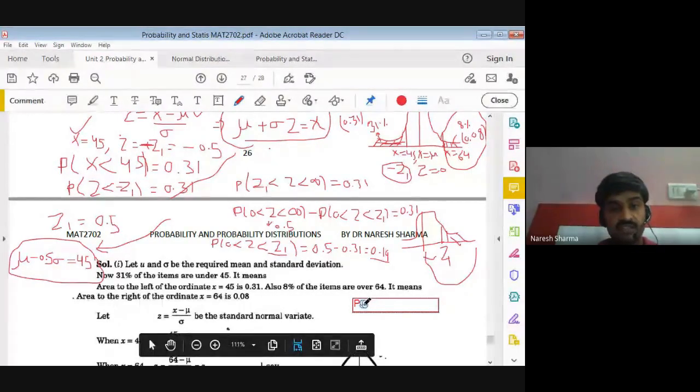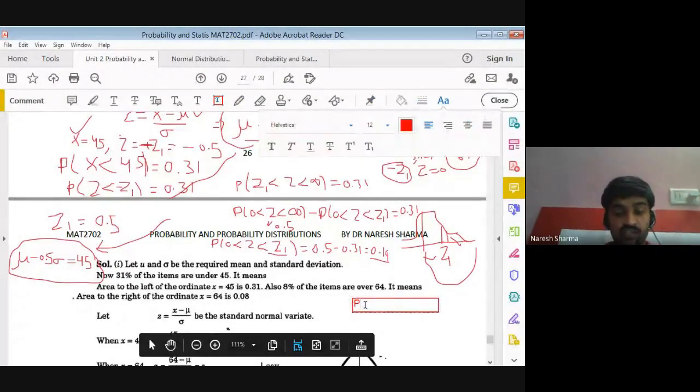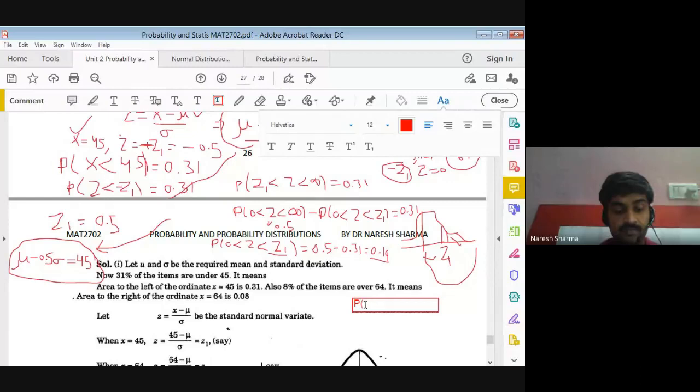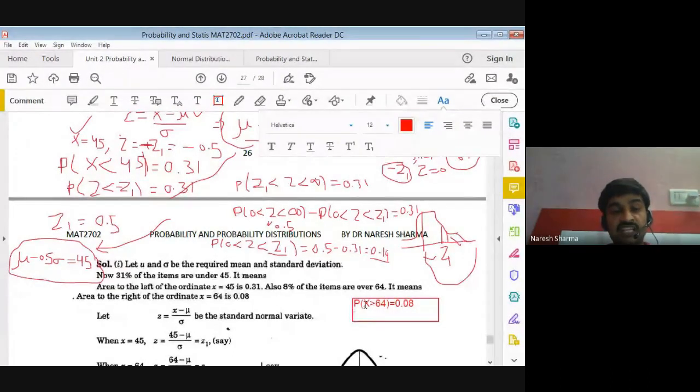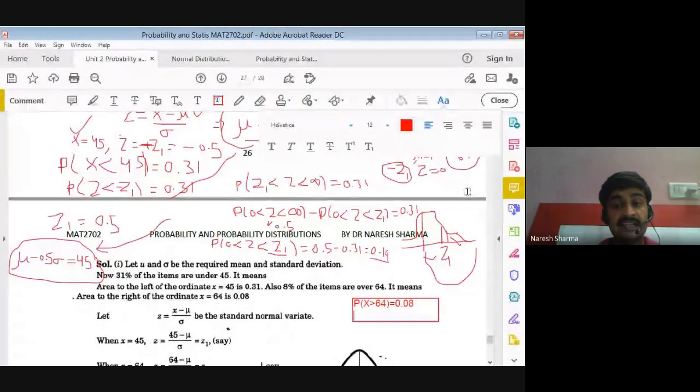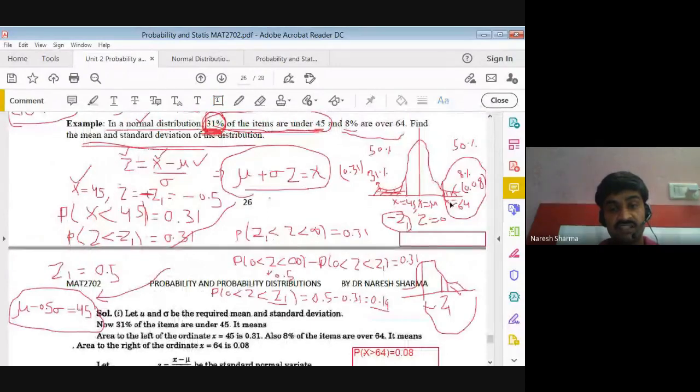So when x is greater than 64, this probability is already given to us, that is 0.08. And this means when x is 64, we assume that z is z2. As this z lies on the right side, we may write z2 only.